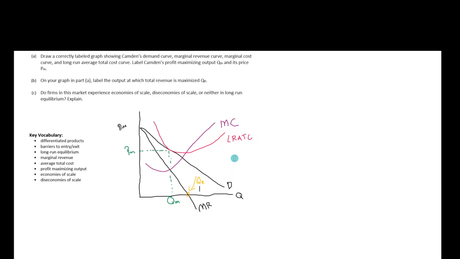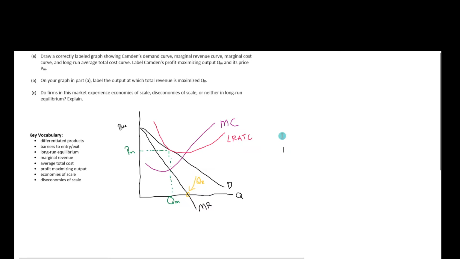In the short run, that might be possible, but in the long run, because of what they told us in the question stem, we've got no barriers to exit or entry. So that means other companies can enter if this firm is earning a positive economic profit, or they can exit if firms are losing money, if the price is below average total cost.